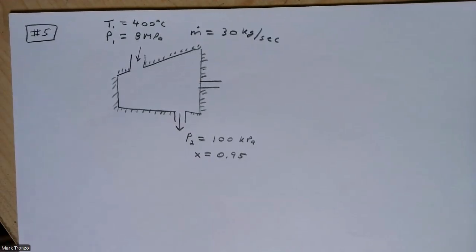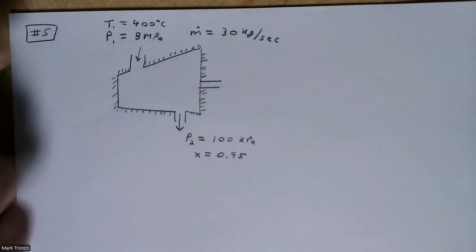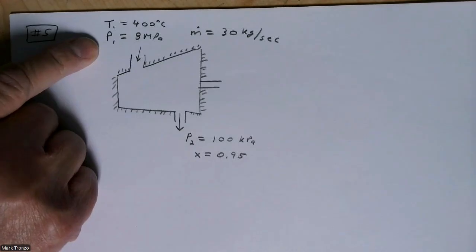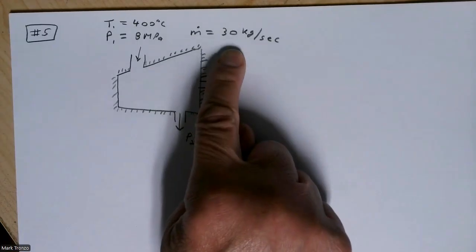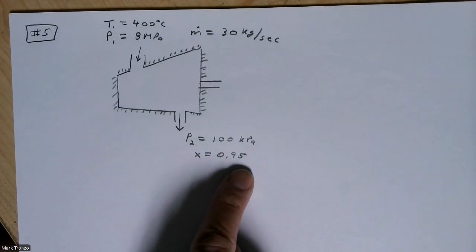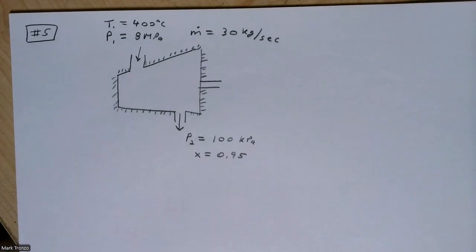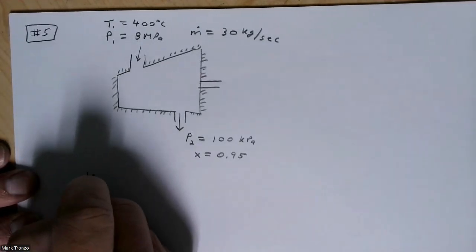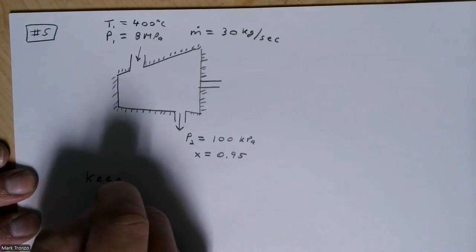So let's take a look at this problem. Again, the inlet temperature is 400 degrees Celsius, pressure 8 MPa, flow rate of 30 kilograms per second, outlet 100 kPa, and the quality of the outlet is 0.95. And if you're doing these problems, keep in mind the equations you want to solve.